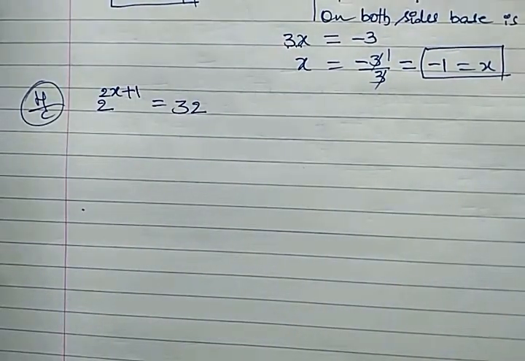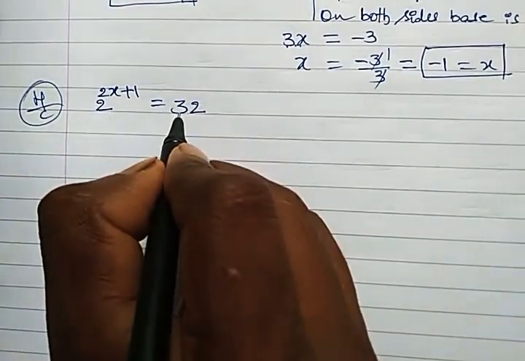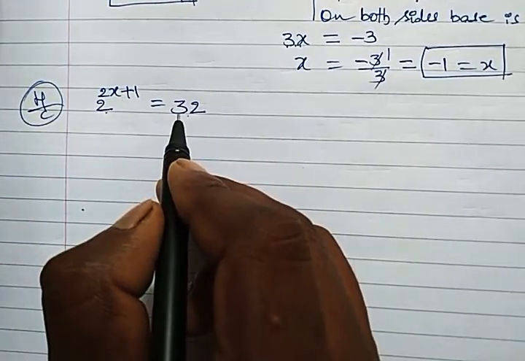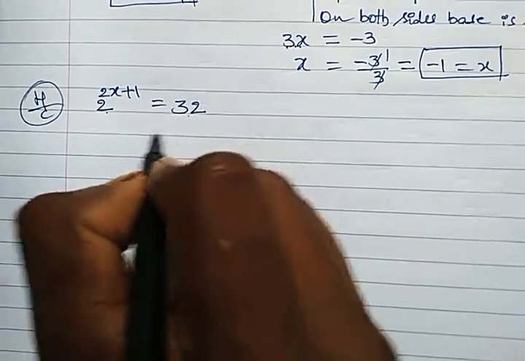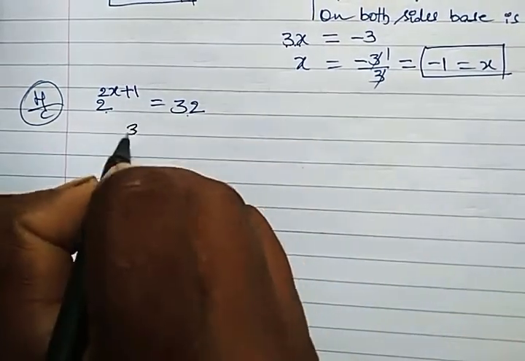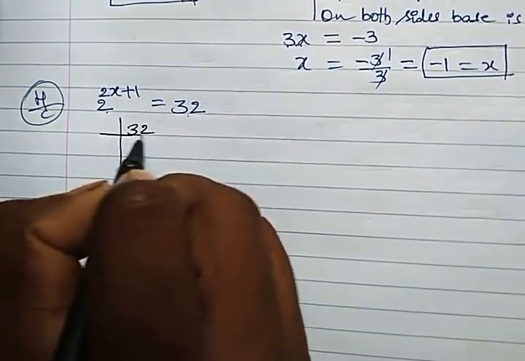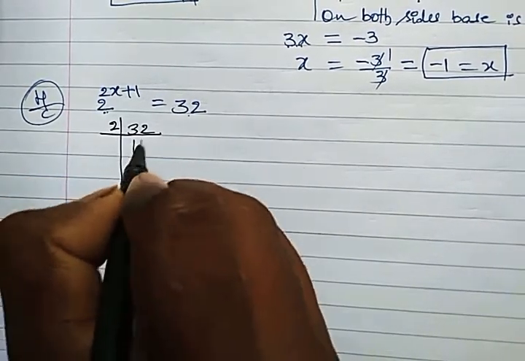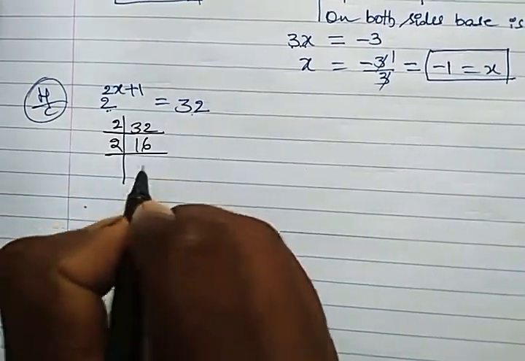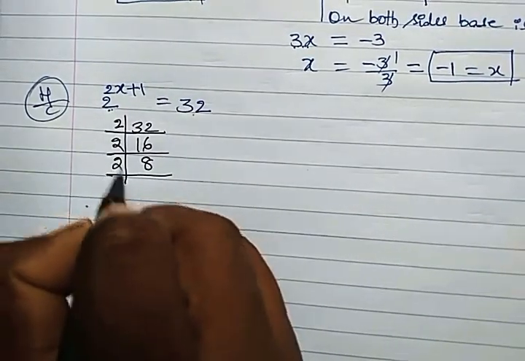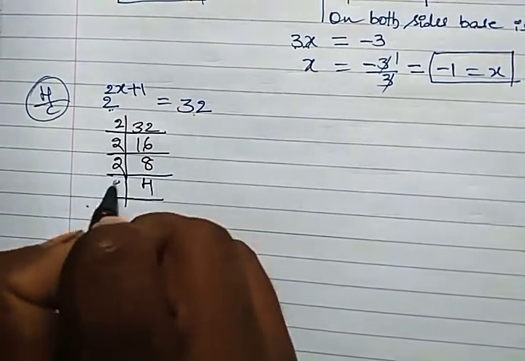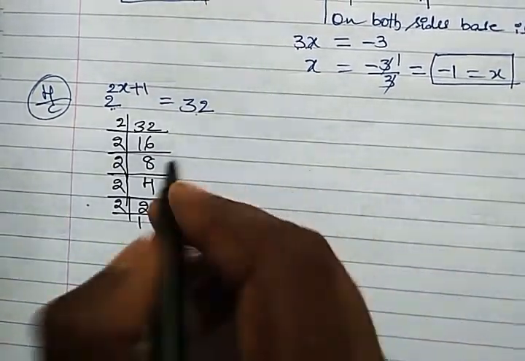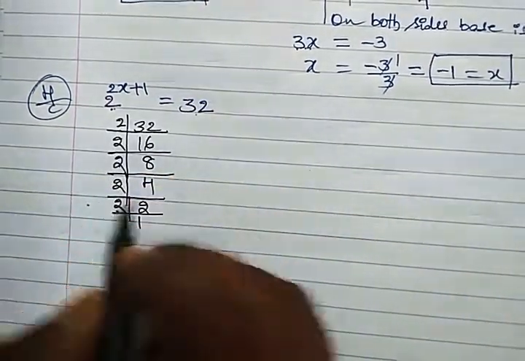Now this question, again 2 here is in the exponential form, but 32 is a normal number. So we will write the prime factorization of 32. As the base on the left side is 2, we'll go ahead with 2. 2 2s are 4, 2 4s are 8, 2 8s are 16, 2 16s are 32. So how many times? 1 2 3 4 5 times.